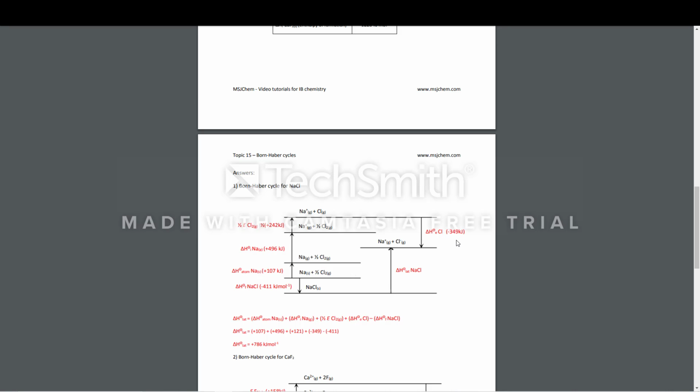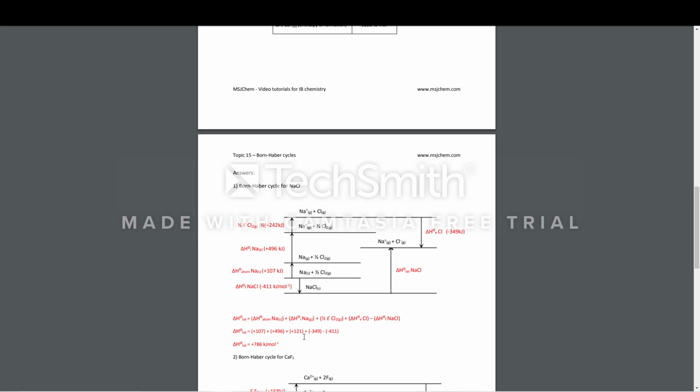Then we subtract here because it's a negative enthalpy change, so we subtract 349 here, which will give us, wait a minute, I got 907. Yeah, I got 907 too. So let's figure out.